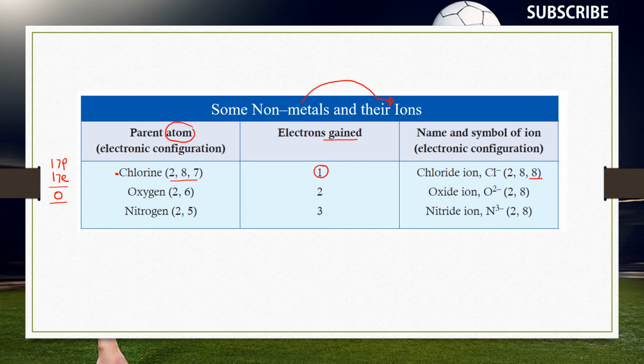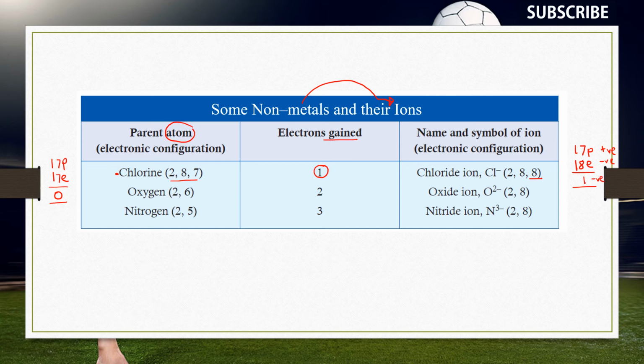That means now this chlorine ion will have 18 electrons, but the number of protons in the nucleus is still 17, and that means we have more negative charges than positive charges. So the overall charge of this particle will be 1 minus, which is negatively charged.